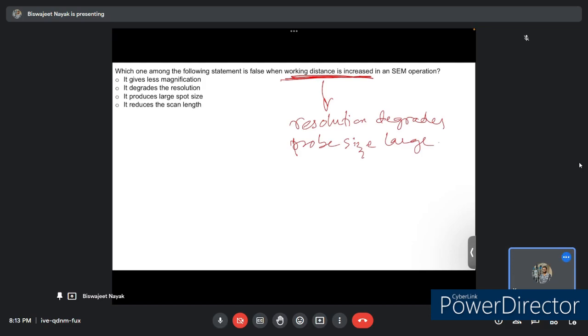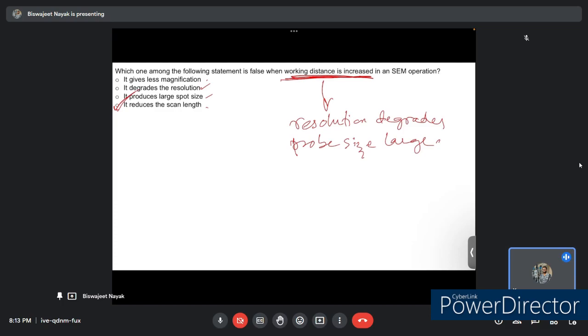So what are the options here? It gives less magnification, degrades the resolution. It is correct. It is also correct. It produces larger probe, correct. Reduces scan length, no. So which one of the following is false? It doesn't have anything to do with scan length, so yes, this is the correct answer.